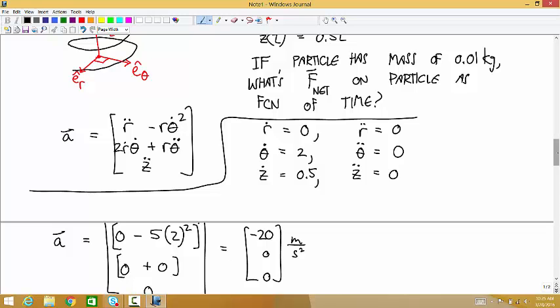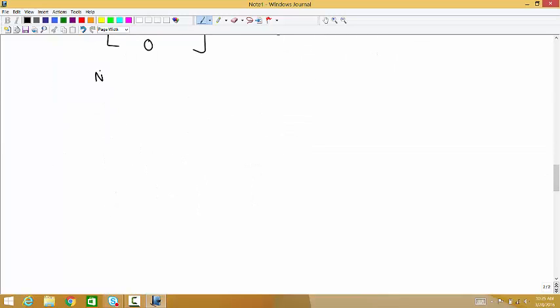Okay. And so then Newton's second law says F net is equal to the mass times the acceleration.